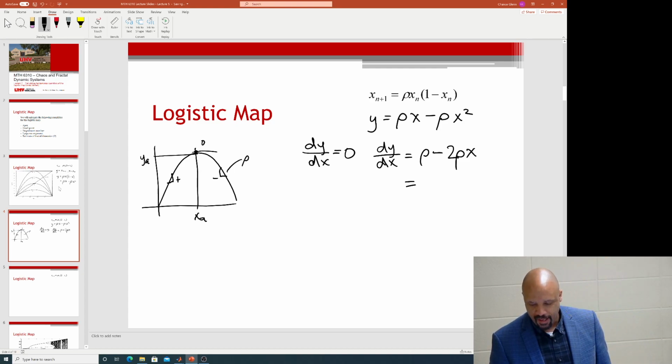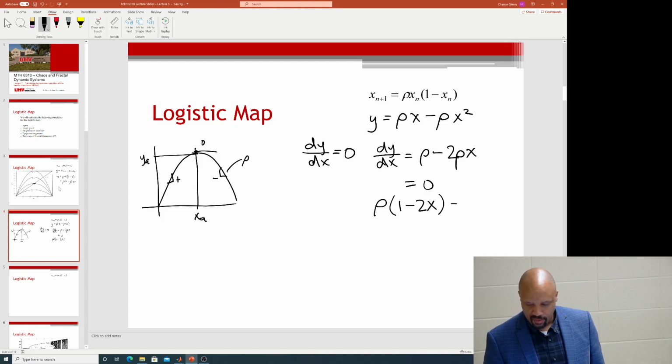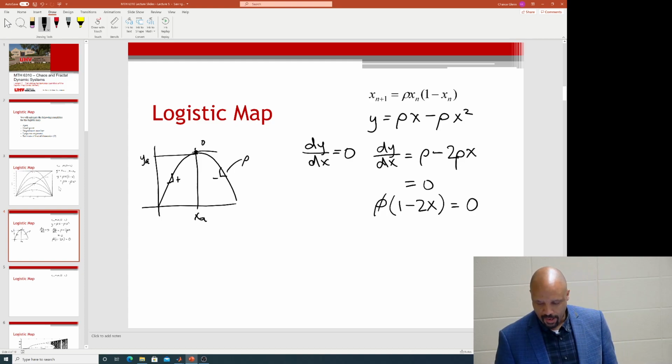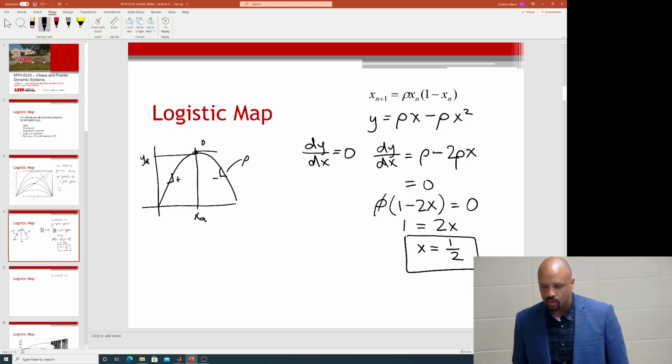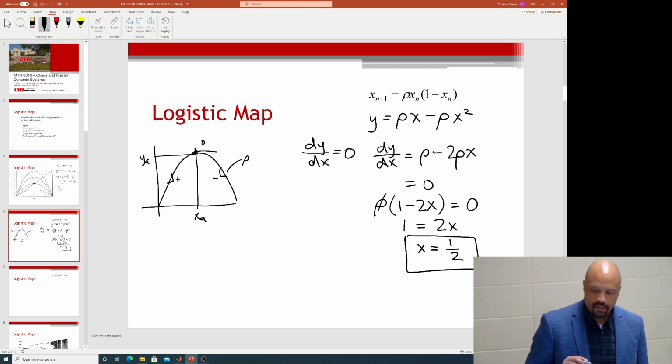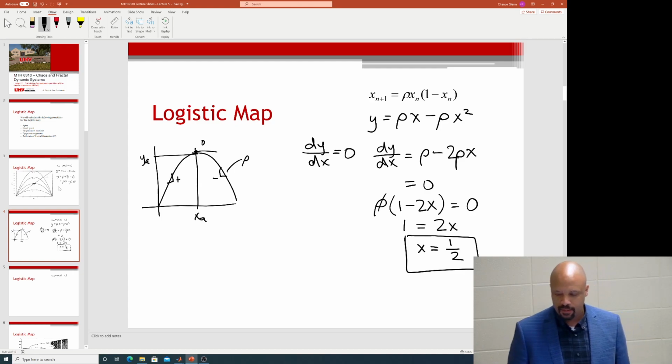Now, when you set that equal to 0, you have rho times 1 minus 2x equals 0. So the rho goes away. You have 1 equals 2x, and therefore x equals 1/2. So no matter what the value of rho is, the peak is always going to be at the point x equals 1/2.